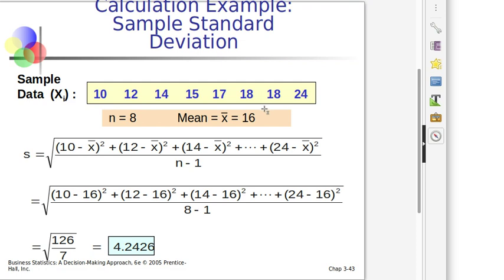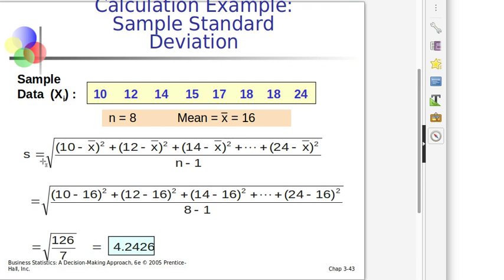There are 8 elements in our sorted data. And the arithmetic mean of this is 16. If you add all those and divide by 8, that's 16.